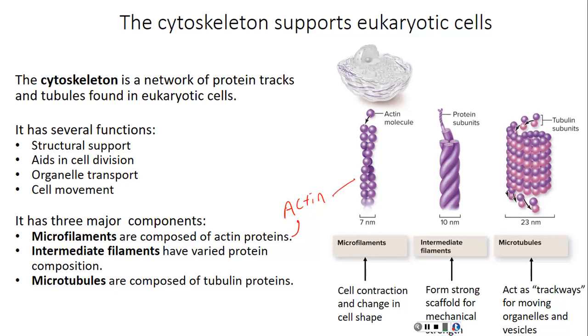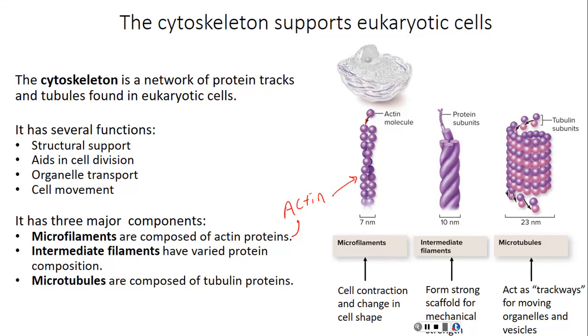So that's what you see right here. One little actin molecule will connect to a series of other actin molecules to form these very thick rope-like structures. This is really helpful for cell contraction and helping a cell change its shape.